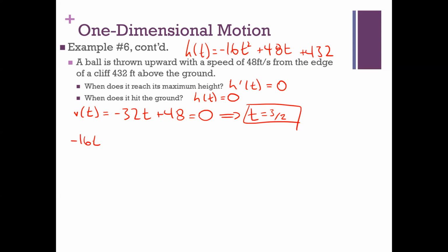So negative 16t squared plus 48t plus 432 equals 0. All right, how do I solve this thing? I think I cooked this up so that all those numbers are divisible by 16. So it should be t squared minus 3t.